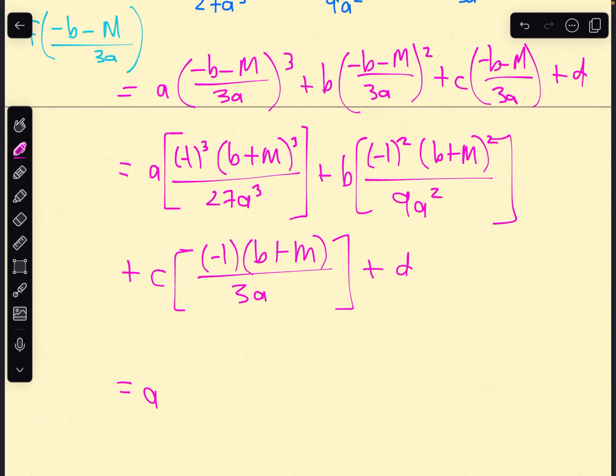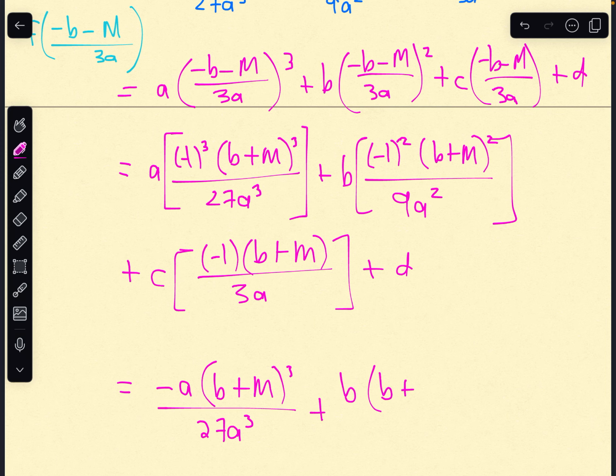So this will be, actually, minus a, and then (b plus m) cubed over 27a cubed, and this will be plus b, because the minus 1 squared will be positive, and then we'll have minus c times (b plus m) over 3a.